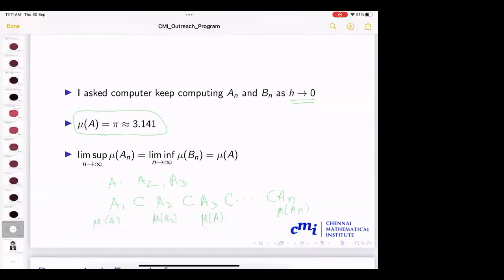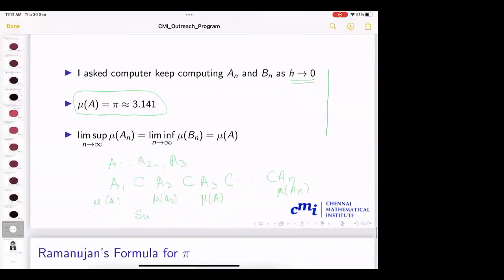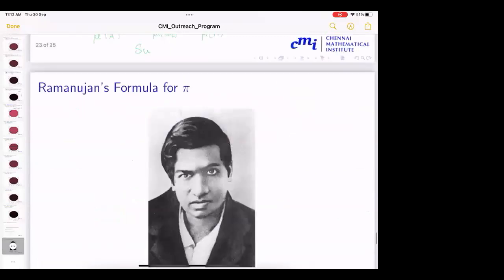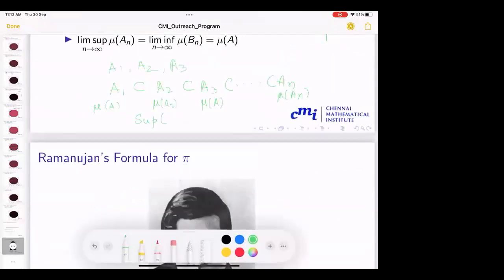Then I'm saying, give me the largest of all of them, the supremum of all this mu of An.